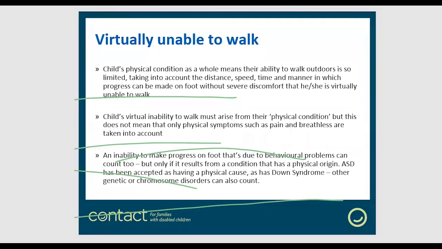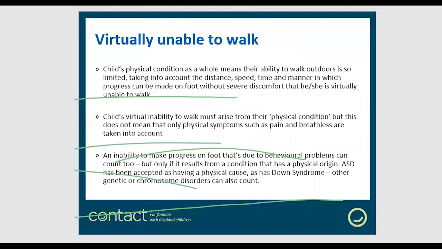So let's just say that you've looked at the SMI test and you've come to the conclusion that unfortunately your child doesn't meet the specific rules that have been set out. Either they don't have nighttime needs and therefore are not going to be able to get the higher rate of the care component, or perhaps they only need restraint outdoors and not indoors, or perhaps they can go for periods where they don't need someone to be present and watching over.